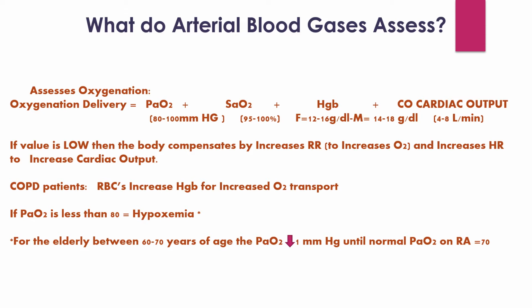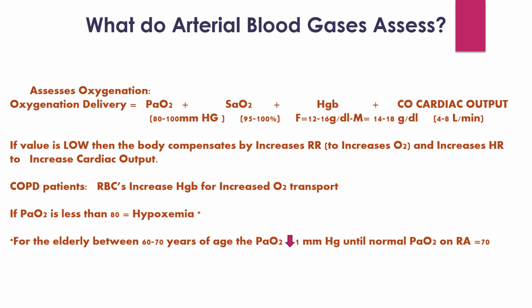So anytime there is something out of range in these numbers, our body is going to compensate. It can compensate by increasing respiration to increase oxygen, and it can increase the heart rate to increase cardiac output. COPD patients also will increase their red blood cells, which will increase their hemoglobin because they need increased oxygen transport.